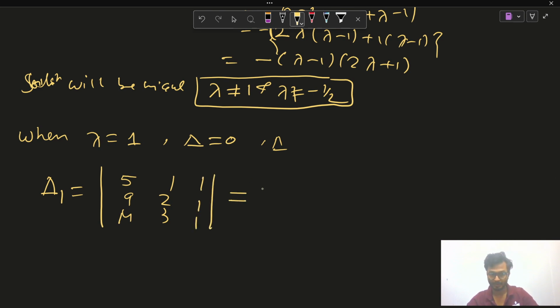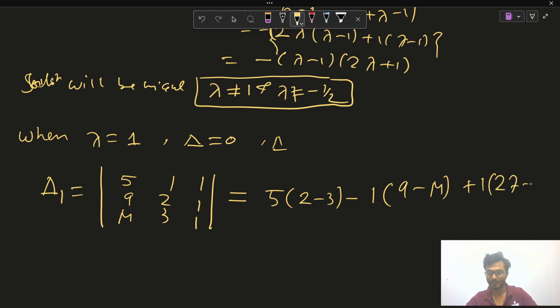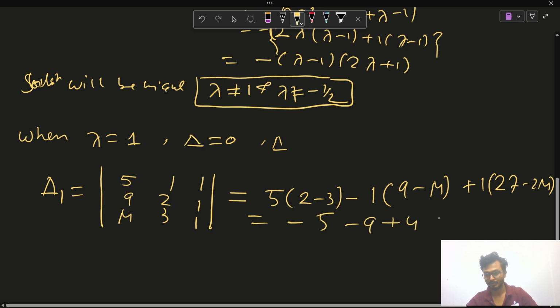This will be 5 into (2 minus 3), minus 1 into (9 minus mu), plus 1 into (27 minus 2 mu). This equals minus 5 minus 9 plus mu plus 27 minus 2 mu. So this is minus mu plus 13, that is, minus of (mu minus 13).